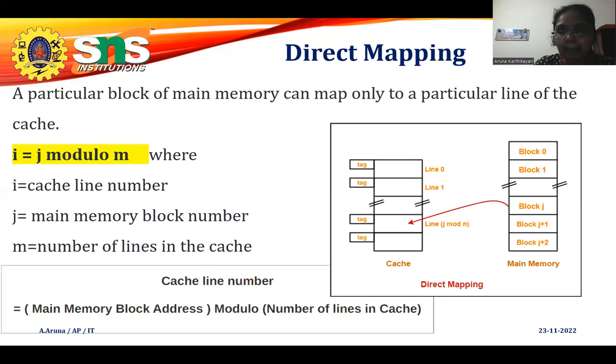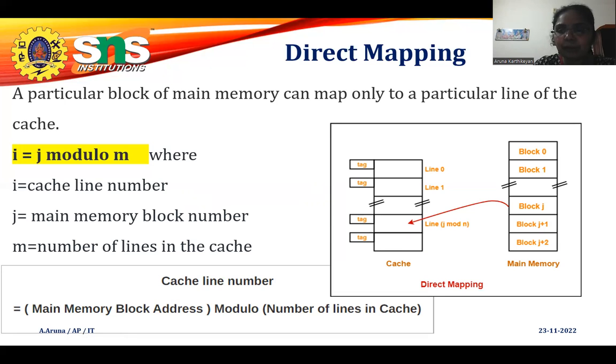In direct mapping, the block of data from main memory is mapped directly to the cache memory with the help of this particular formula: I equals J modulo M. Here I is the cache line number, and J is the main memory block number. M is the number of lines in the cache memory. Based on this formula, we can map the particular main memory content into the cache memory.